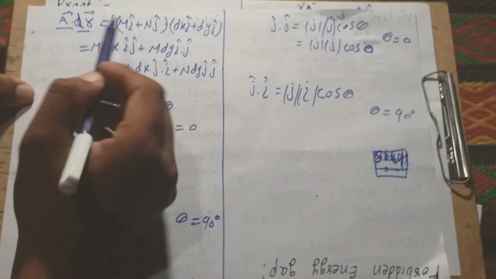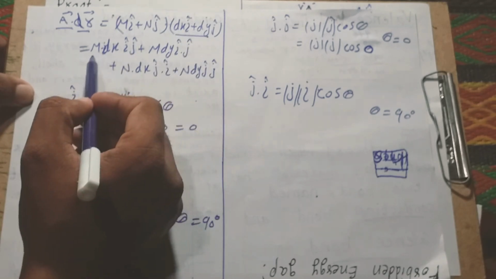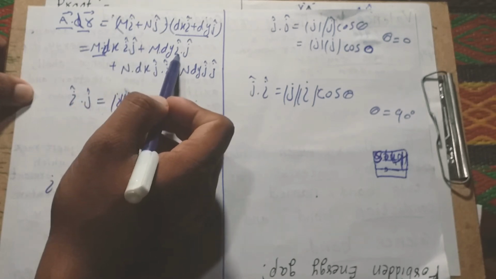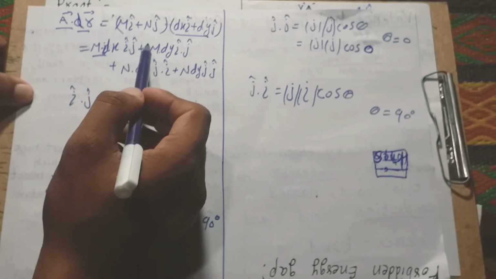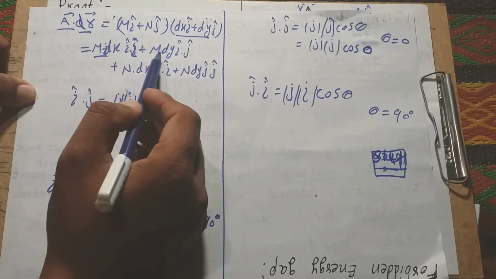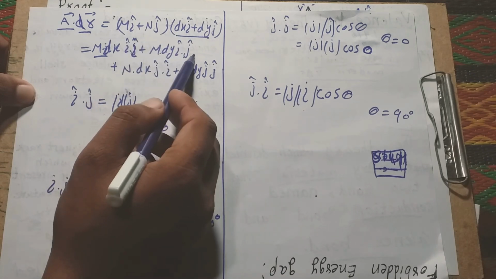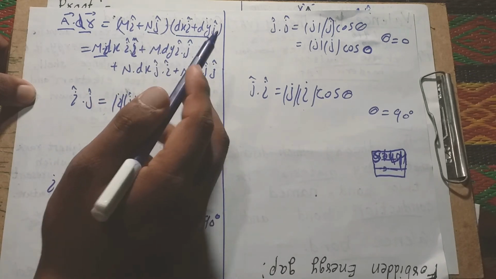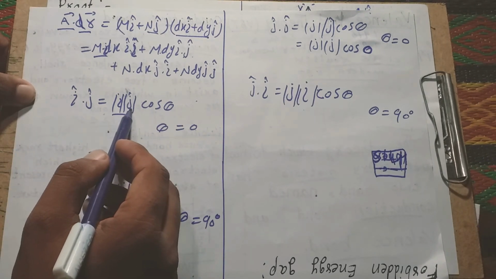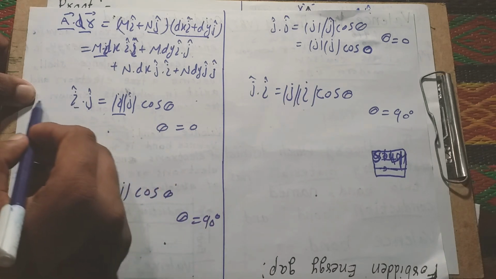If M multiplies with both terms, it is M dx i dot i, M dy i dot j, and the same with N. We know that i dot j is equal to the magnitude of i and j times cos theta, which means they exist in the same plane.